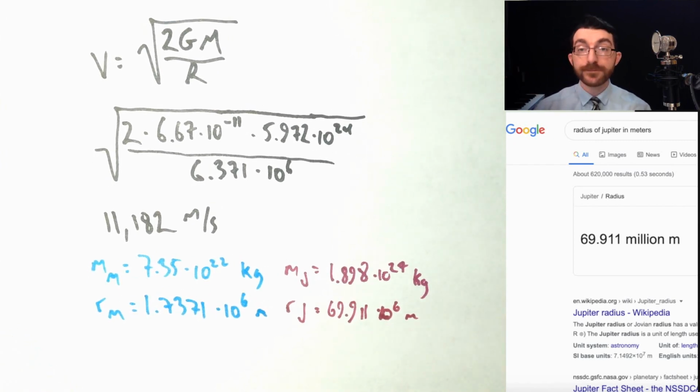So I'm going to do one, and I'm going to leave one for you to do. I think I'm going to go ahead and I'll do the one with the bigger numbers. I'll do Jupiter. You can do the moon.